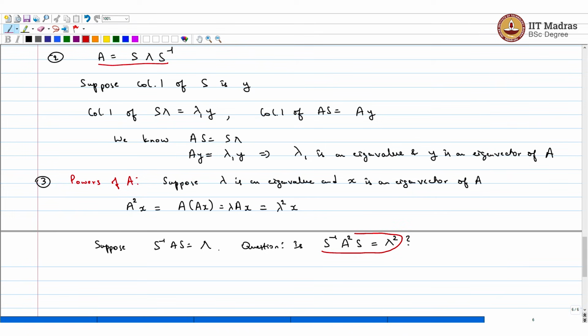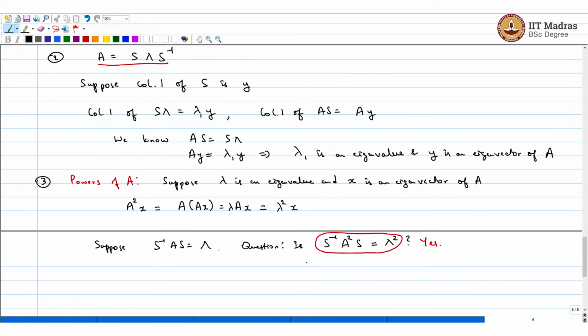Given whatever I have written above, think about this, which is like saying, can I use the same matrix of eigenvectors and diagonalize A square? The answer is simply yes. Why? It is easy to see this.